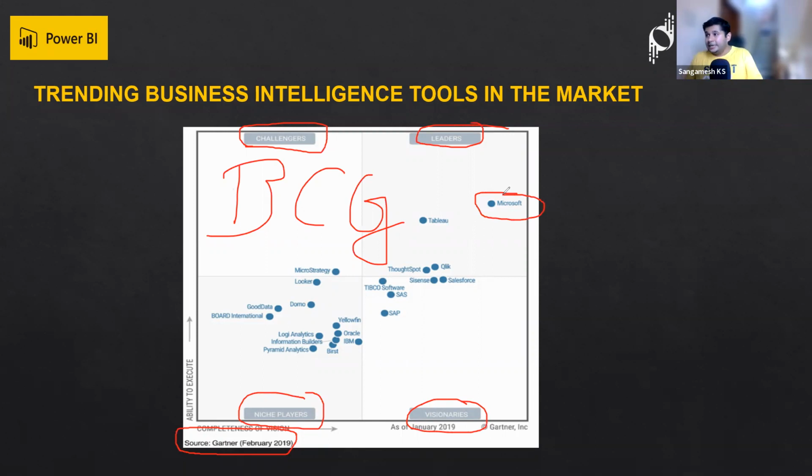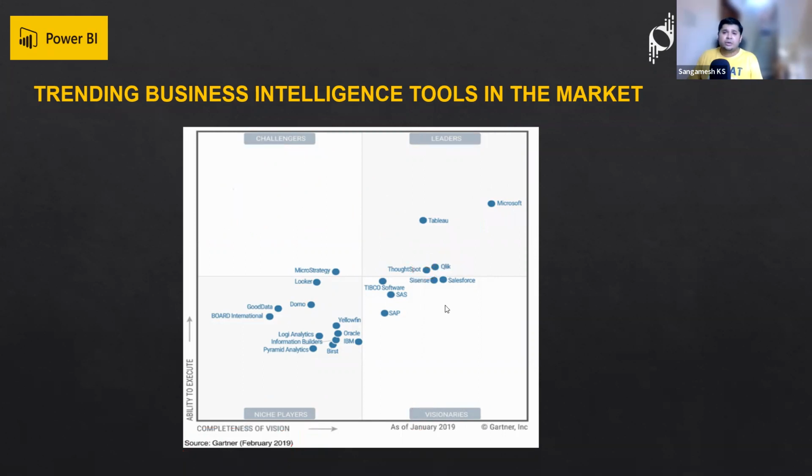Secondly, a couple of other software packages like Tableau, Qlik, and ThoughtSpot come up, and there are also tools like Salesforce, SAS, and SAP, which can be market leaders in that case. You can read about this BCG matrix.